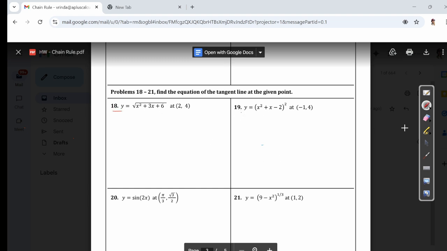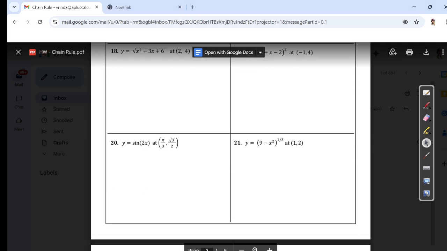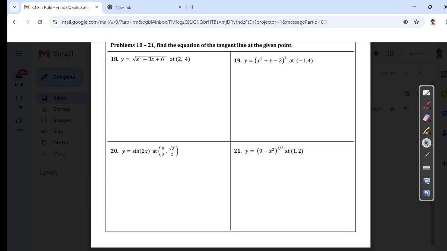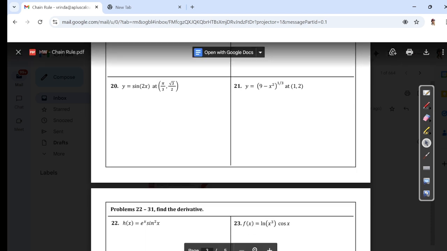You just find the derivative of the function at the given point, and you plug in the values in this equation: y minus y1 is equal to m times x minus x1, where x1, y1 is the given point. So all you need to do is find the derivative correctly. If you find your derivative incorrectly, your whole answer will be wrong.